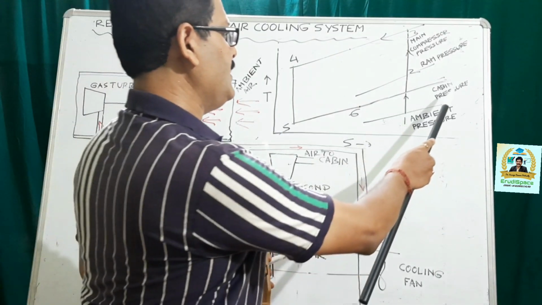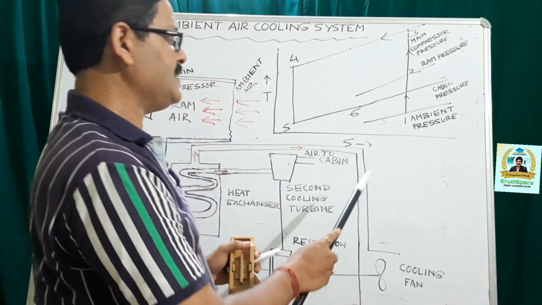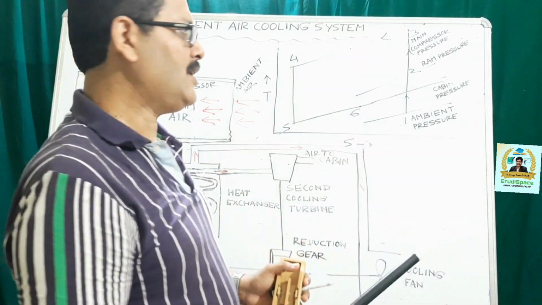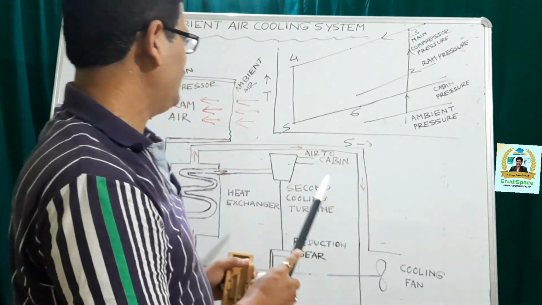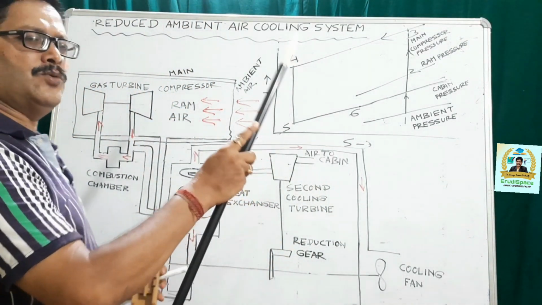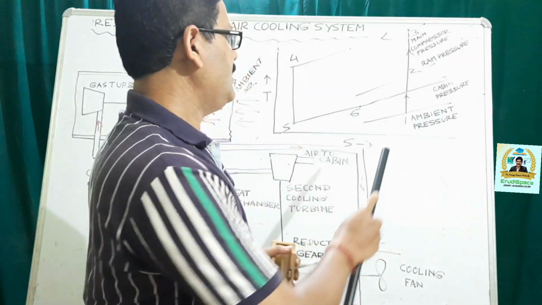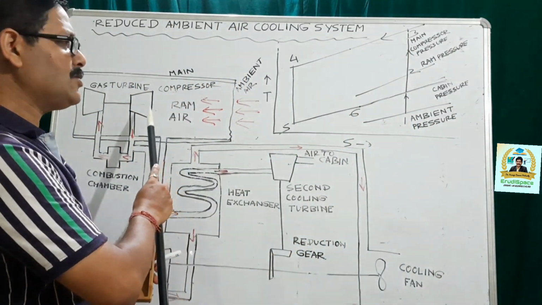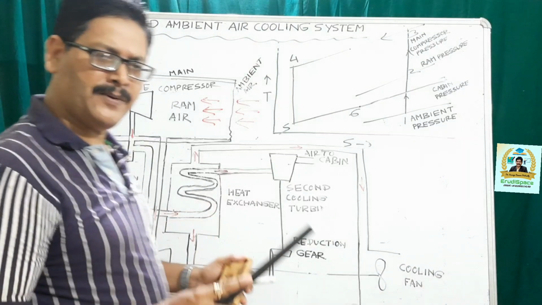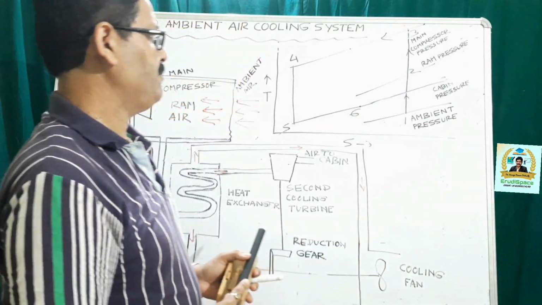Then you have cabin pressure, that is the pressure that is maintained in the cabin or cockpit. Ram pressure is the pressure after passing through the diffuser, and the main compressor pressure is the pressure after being compressed in the compressor.